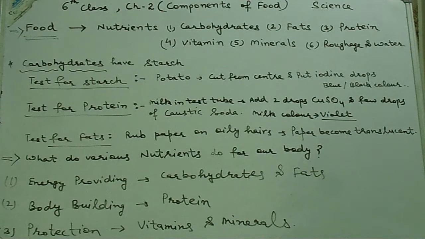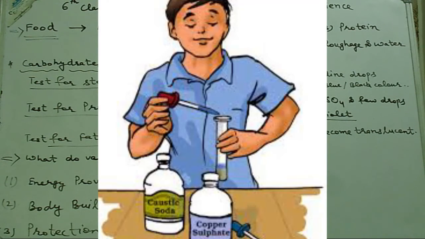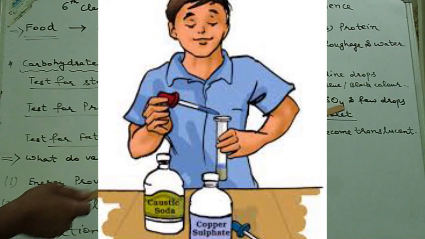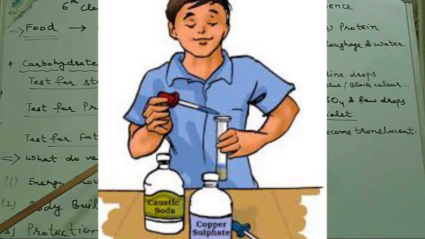The second activity we have to perform is the test for the presence of protein in our food. We have to take one food item which contains protein, and that is milk. Take one test tube and fill almost 1/3 of it with milk, and then add almost 2 drops of copper sulfate solution and a few drops, almost 10, of caustic soda.